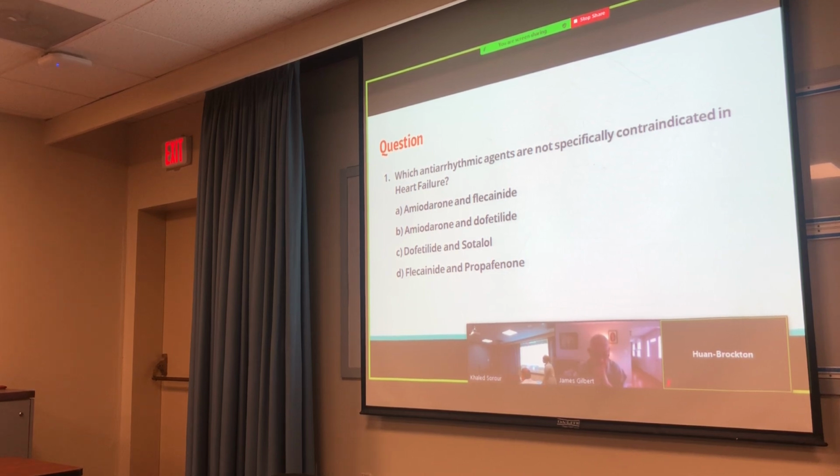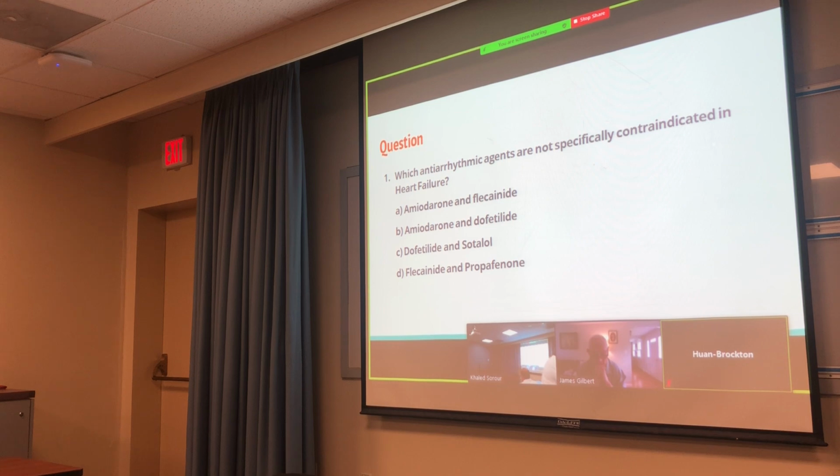So what would be the drug of choice among amiodarone and dofetilide if there are no other issues? What would you go for? There is nothing in the guidelines between the two, except if the LV thickness is more than 1.4 or 1.5, you have to use amiodarone. You cannot use dofetilide.